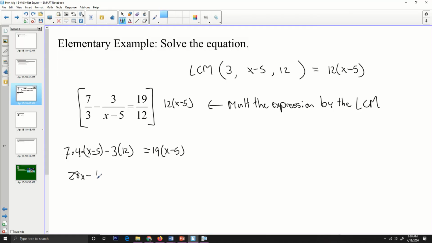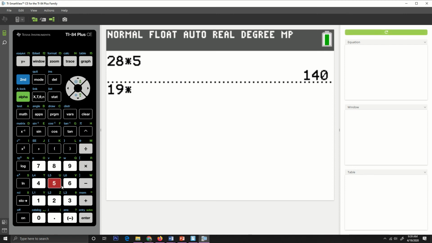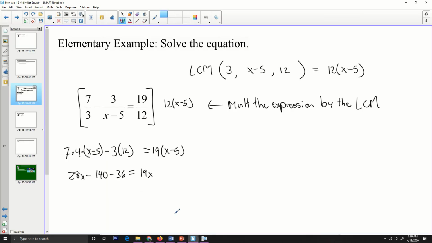So I'll have 140, and then minus 3 times 12 is 36, and then we're going to distribute here. So we'll have 19x, and then 19 times 5 gives us 95. So I'll have 28x, and then minus 176 equals 19x minus 95.